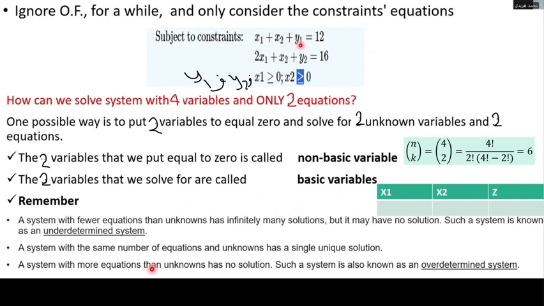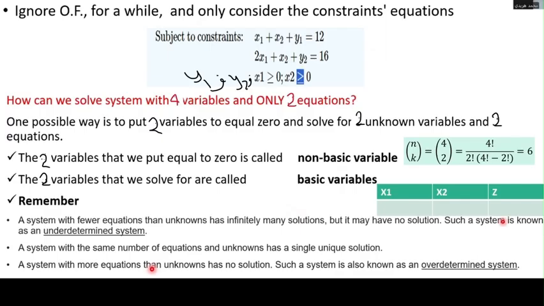Assume x1 and y1 are basic, x2 and y2 non-basic, and repeat until we find all possible combinations. And then from the table we can find the optimal value of z. But in real life, problems would not be as easy as this one. We may have hundreds of decision variables, and simplex would be a faster and more reliable way.